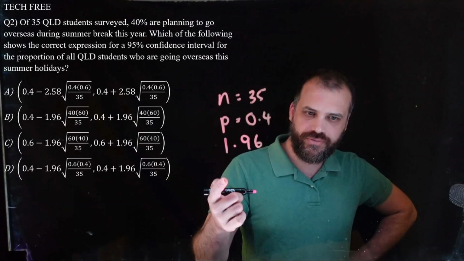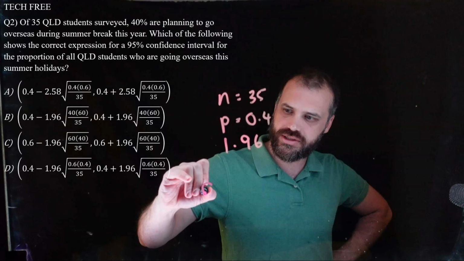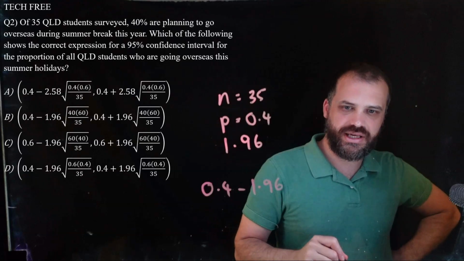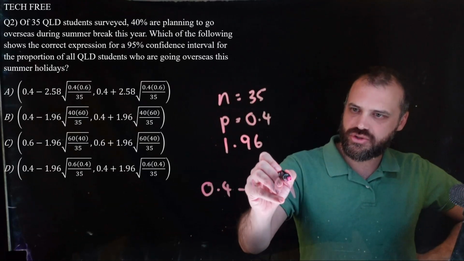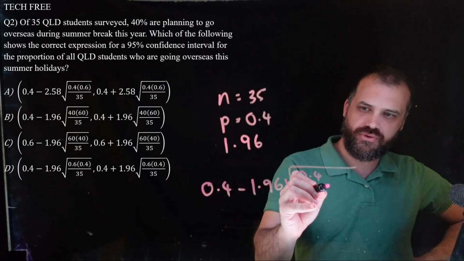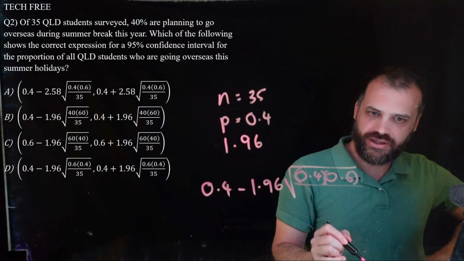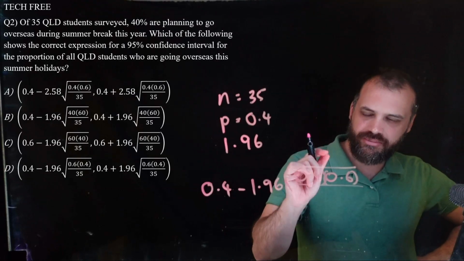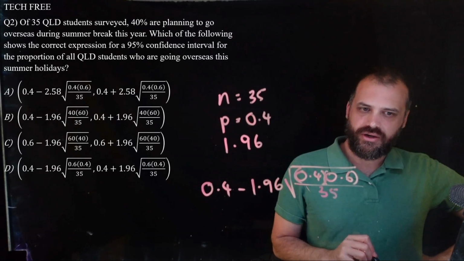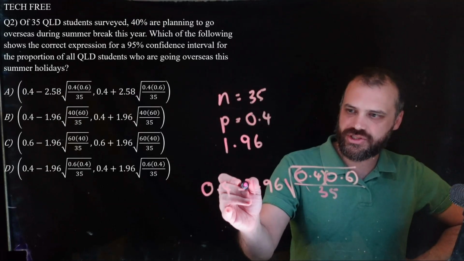Putting all of this together, my confidence interval is going to be my p-value, which is 0.4, minus 1.96, my z value for 95% confidence, times the square root of the probability of success, 0.4, times the probability of failure, 0.6, multiplied by each other, over the number 35. So that's the lower confidence interval. Do I need to do the upper confidence interval? Not really, because it's just that with a plus.